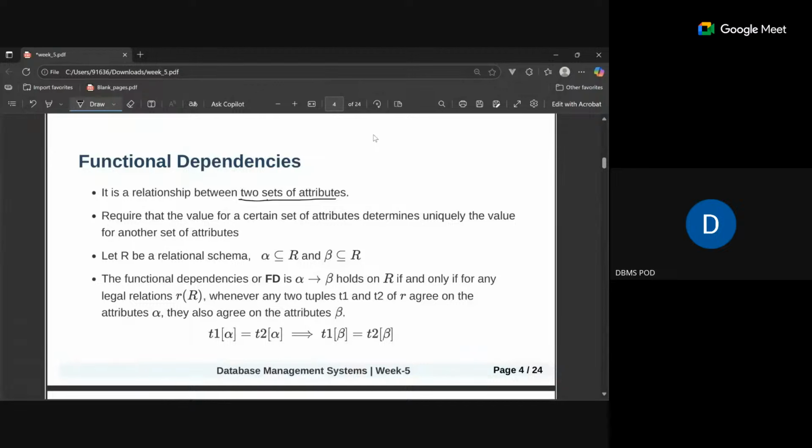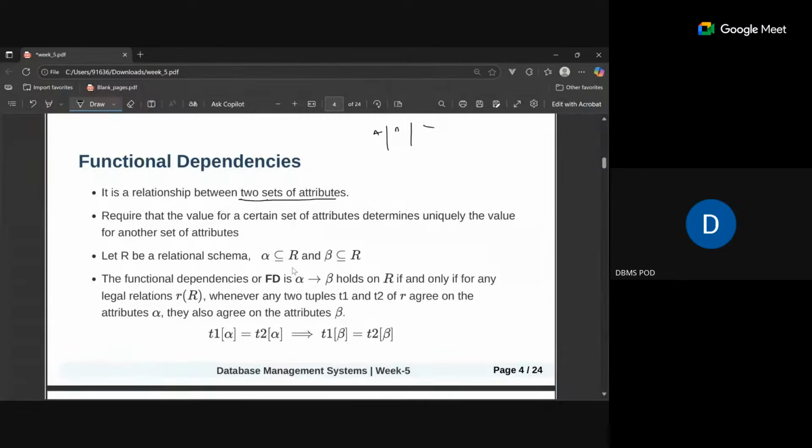So we can say all the columns A, B, C, D are attributes. You can take two columns as one set of attributes, or three columns as one set, and any other columns as another set, and you define a relationship between them.